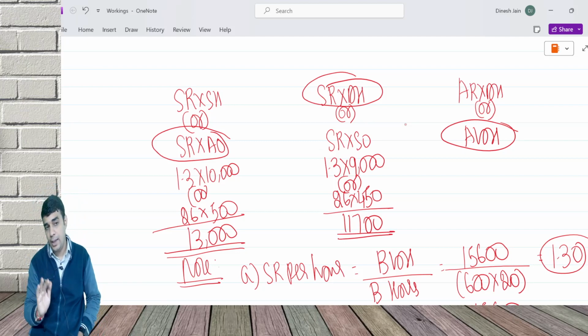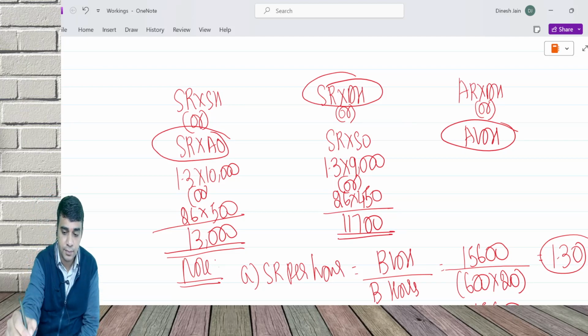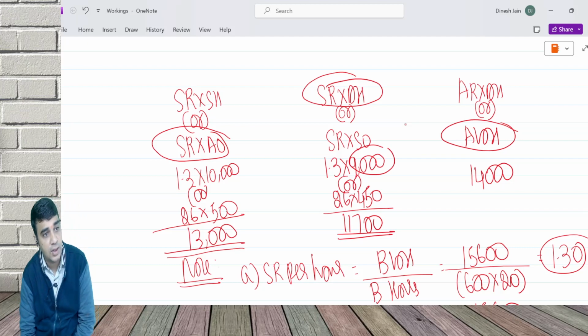Third one, I'm not going to do AR into AH. I'll tell you the challenge when I do AR into AH. What is the actual variable already given in the question? AR is 14,000 divided by 9,000. And then you'll have to again multiply with 9,000. Rounding differences will come.